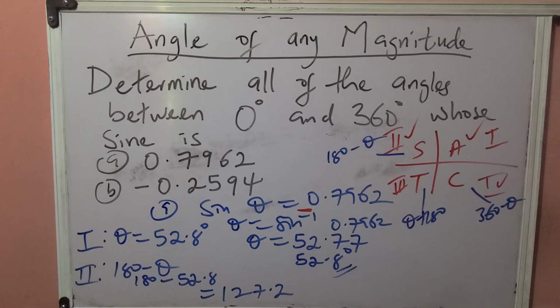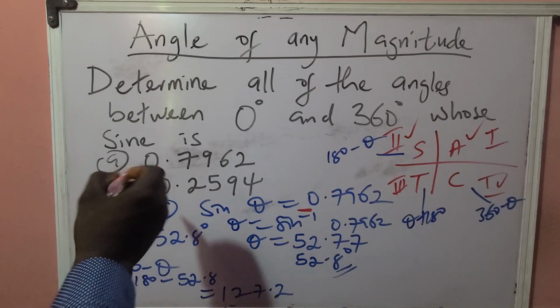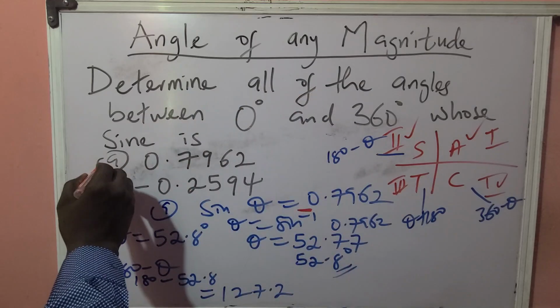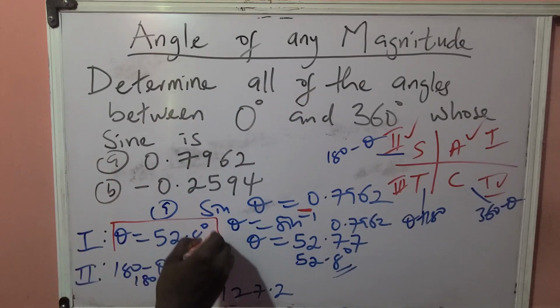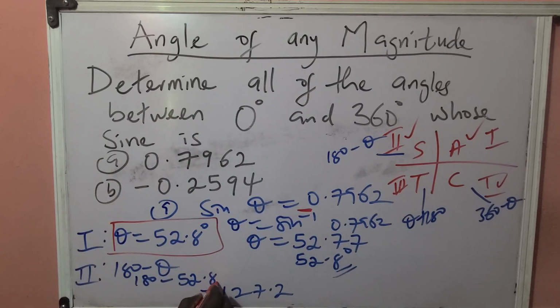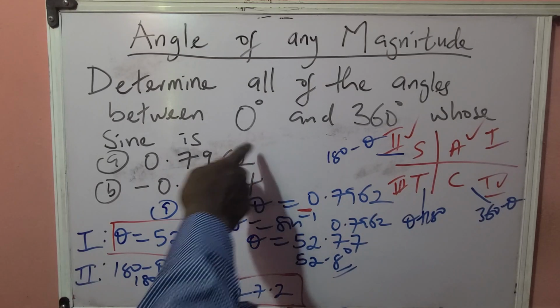So 127.2 and 52.8 are the two answers that we would be writing as our final answer for this particular question. So the two answers for this question number A will be our theta being 52.8 and our theta being 127.2. So these two answers are my final answer.